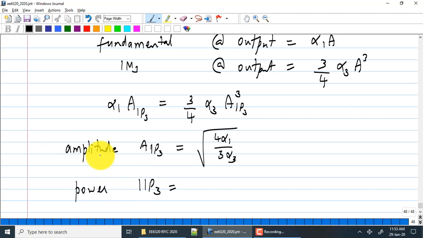So A IIP3 by root 2, the whole squared, by RS will give you the power. So what will it give you? With reference to some RS, it will give you this.